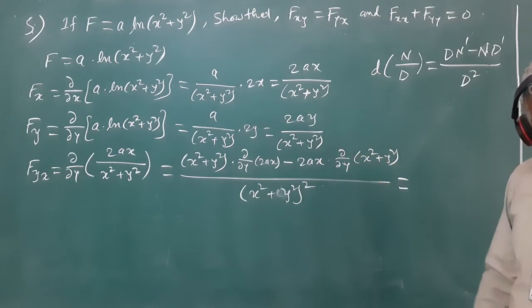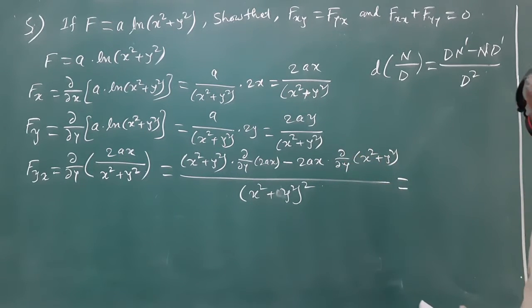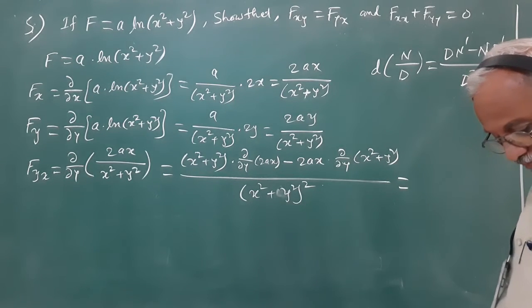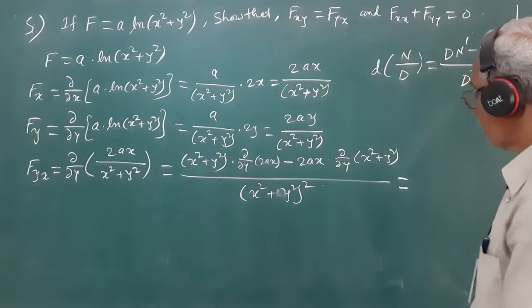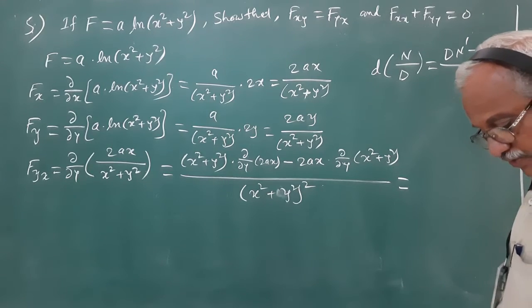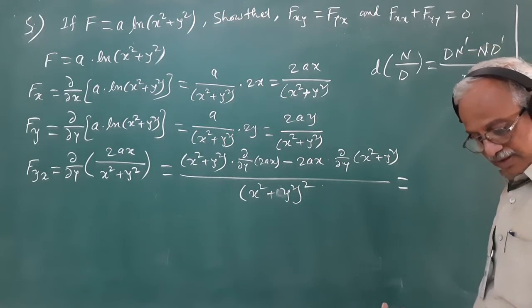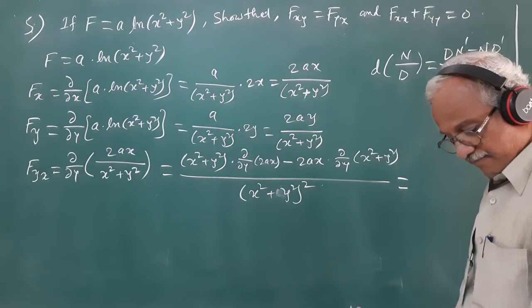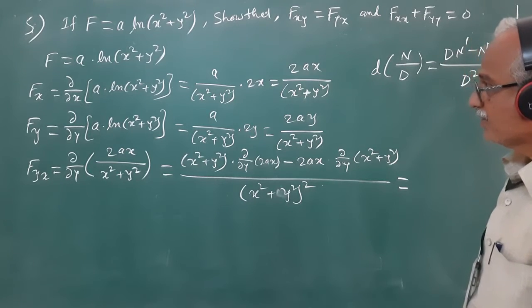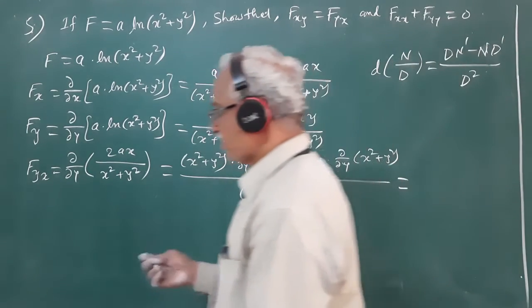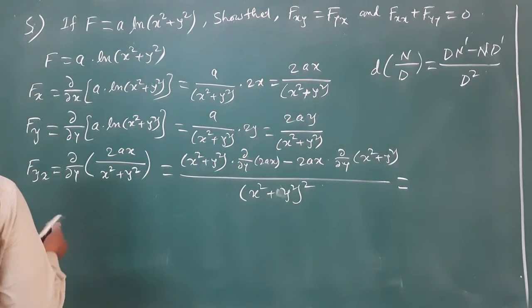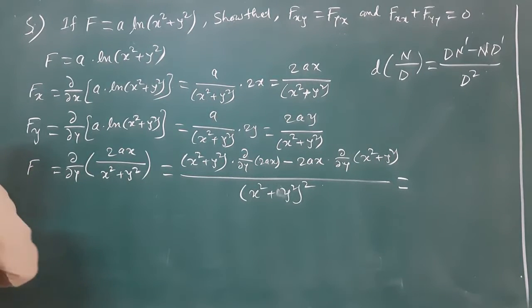So it is minus 4axy. So we get this for fxy. Is it fxy or fyx? This is fxy, not fyx. So fxy.